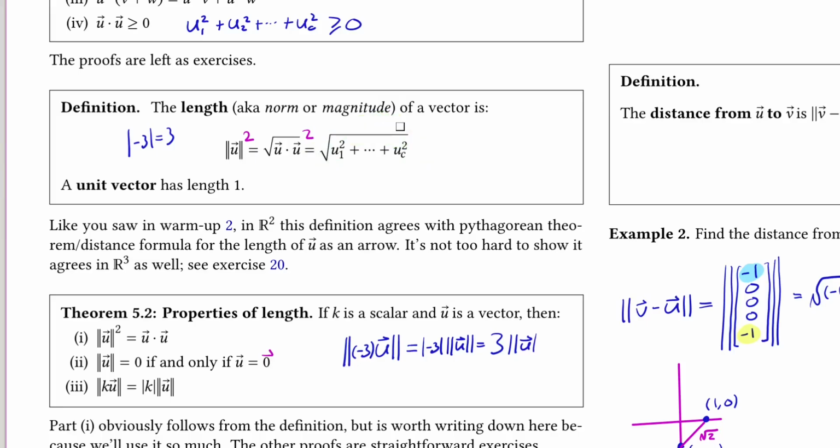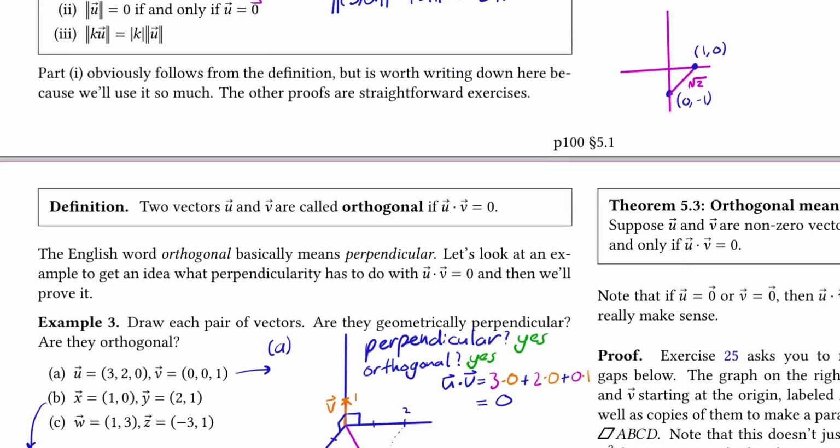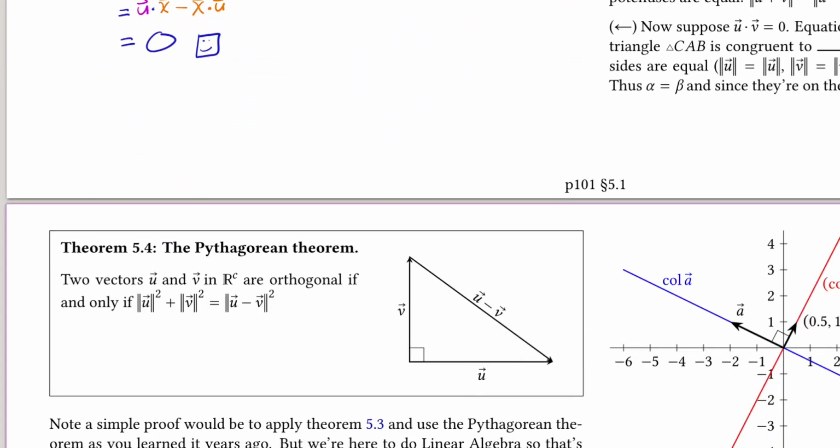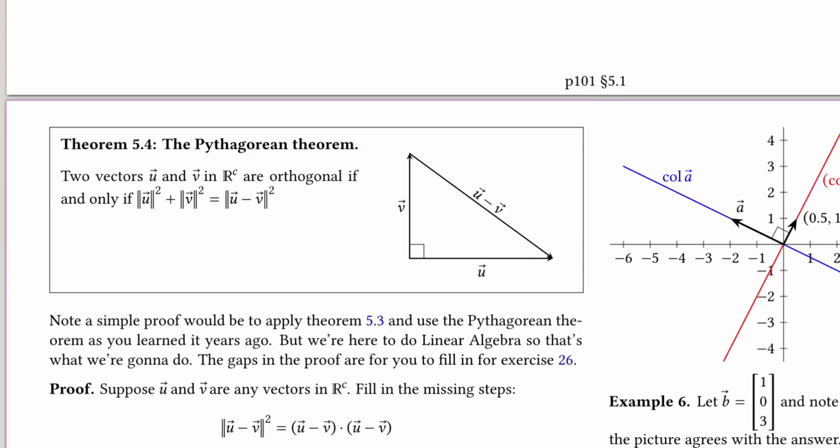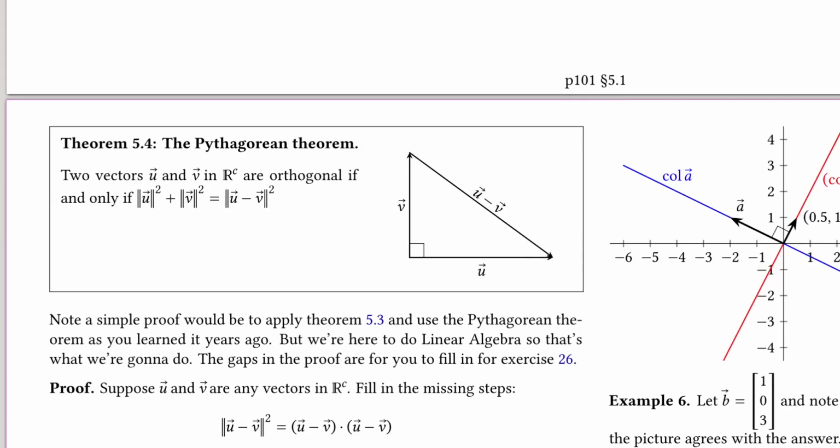We defined length to be the square root of this thing, and knowing the Pythagorean theorem, we know that this agrees with the physical geometrical concept of length.